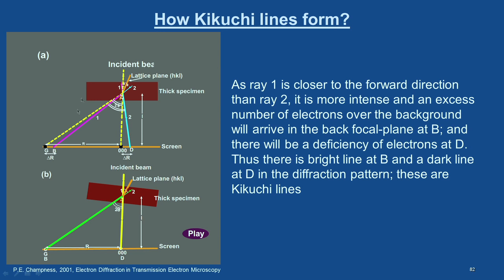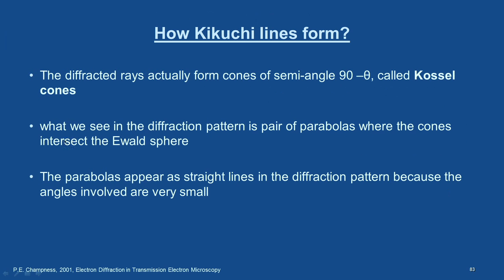The cone which I am talking about, in 3D, will appear as a cone. I will show you one more schematic, you will appreciate that. What we see in a diffraction pattern is a pair of parabolas where the cones intersect the Ewald sphere. The parabolas appear as straight lines in the diffraction pattern because the angles involved are very small.